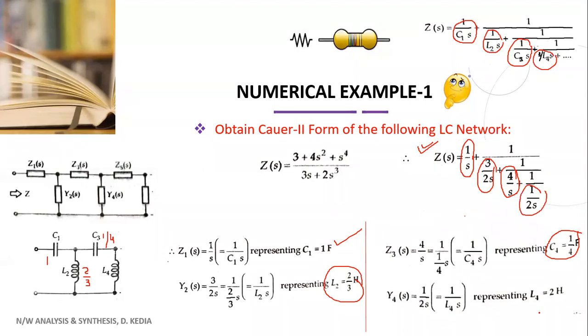That gives us L4 is equal to 2. So this value is 2. That's all. With this, we are able to represent a given network in the Cauer 2 form of network representation. So students, with this, the Cauer 1 and Cauer 2 forms of network synthesis for an LC network are complete. I hope all of you have understood all the things.